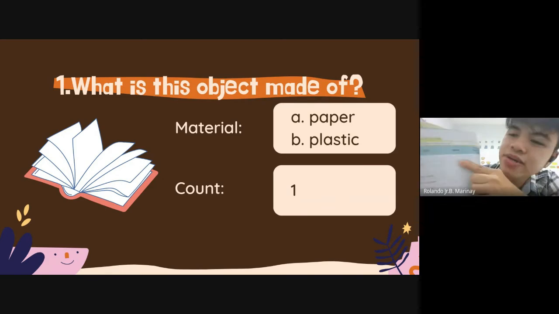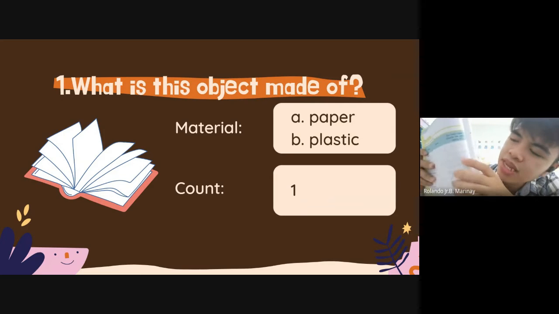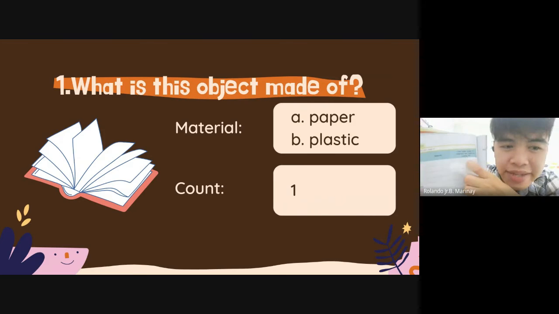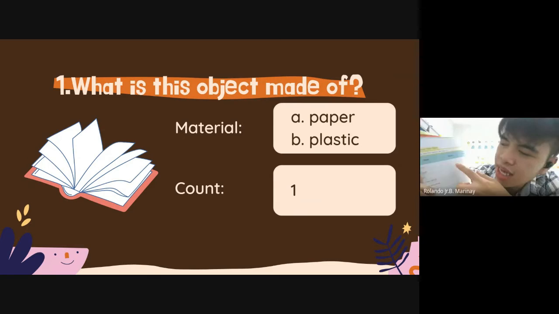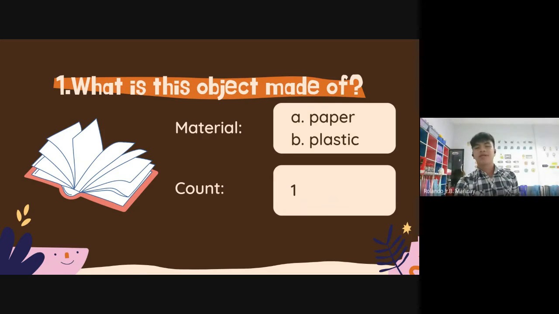So we're going to write paper in here. And how many materials are there? 1. So we're going to write 1 here, okay? Here we're going to write the material, and here we're going to write how many materials there are.